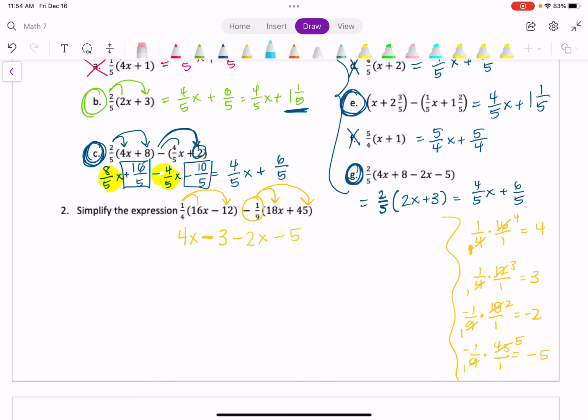And now I can combine my like terms. 4x minus 2x is 2x. Negative 3 minus 5 is minus 8.